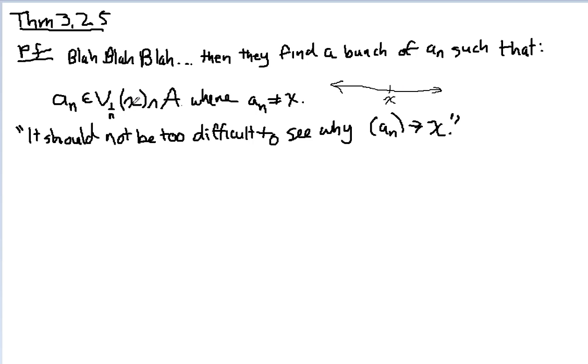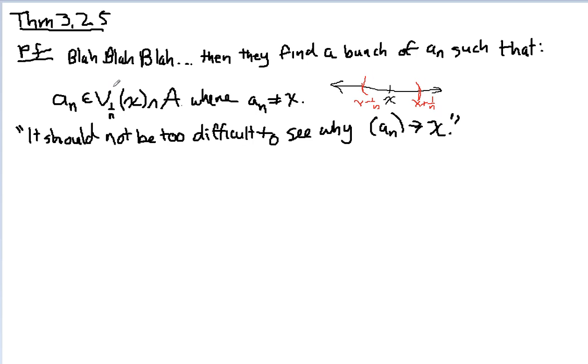Here's x. V of 1 over n of x is a 1 over n neighborhood, where you can think of epsilon as 1 over n. What that means is that I can go over here, x plus 1 over n, go over here, x minus 1 over n, and I just look at the open interval.